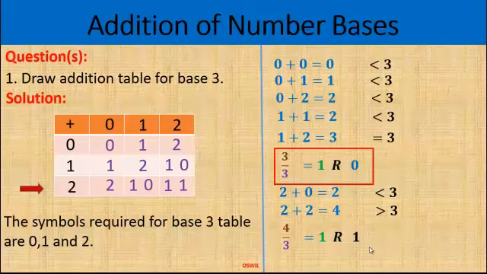Just that in multiplication you have to multiply the numbers, and whenever the answer is less than the base, you write your answer in the appropriate cell, and when it is equal to or greater than the base, you have to divide as it is done in the addition table.